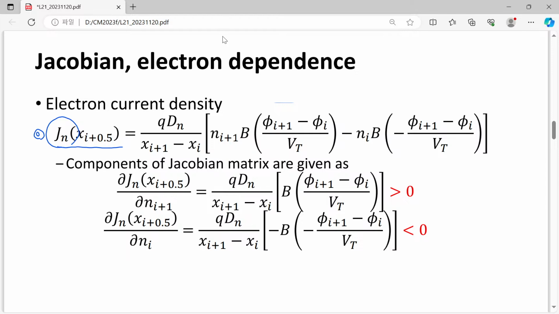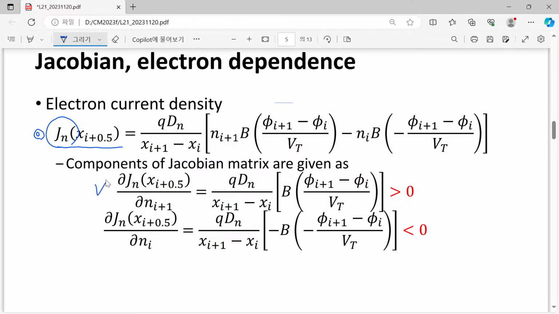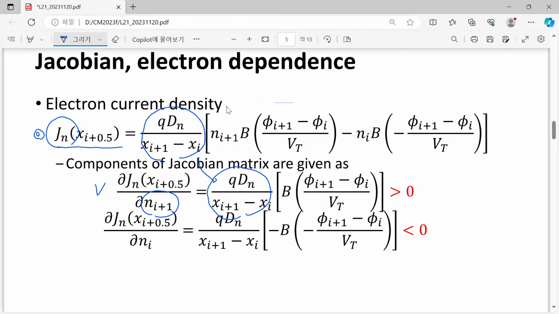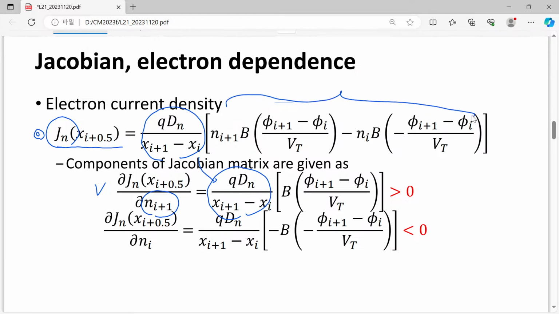Well, let's do it together. So how about this one? We want to take the partial derivative with respect to the electron density at x sub i plus 1. Well, this is just a constant, so we can just keep it here. Then the remaining task is quite simple. Here we have a certain complicated term, however, in terms of n sub i plus 1, we have just a linear function.